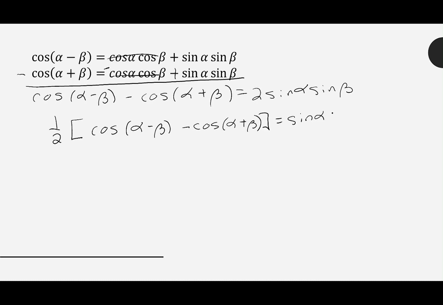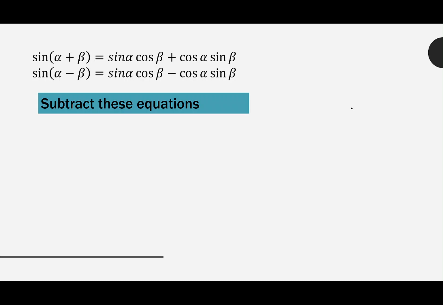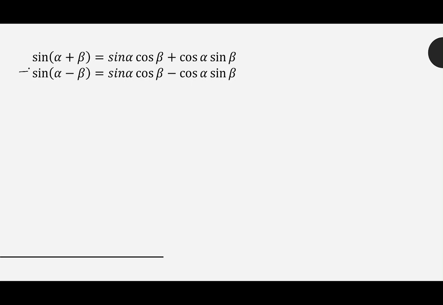equals sine alpha times sine beta. The last derivation we need to do is going to use sine alpha plus beta and sine alpha minus beta. We are going to subtract these equations, which says let's put a negative sign in front of each of the terms in our second equation. So I'll have a negative, and a positive. This simplifies to sine alpha plus beta minus sine alpha minus beta.